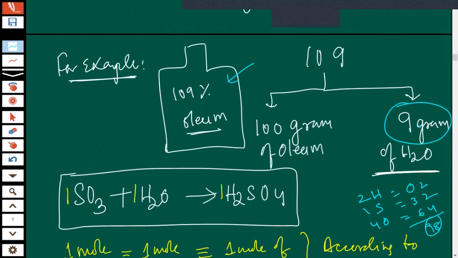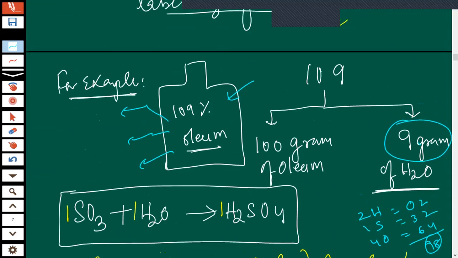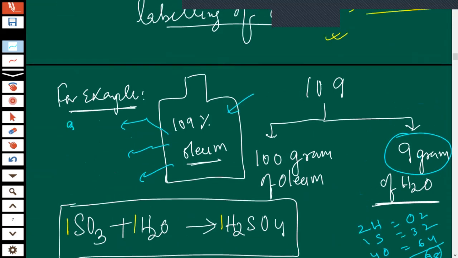It means in this sample, we used 9 gram of water, and from that we got the idea that 40 gram of SO3 is present and 60 gram of H2SO4 is present initially.